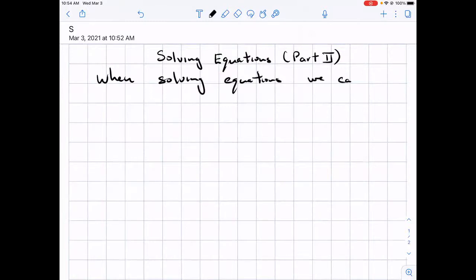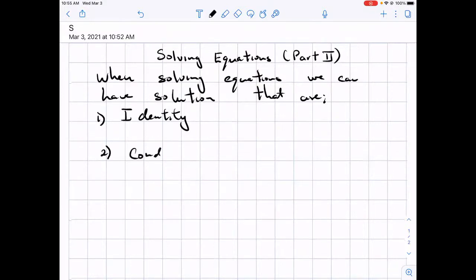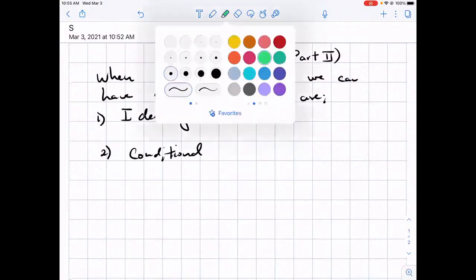we can have solutions that are one, identity, or we can have conditional, which is the one that you are more familiar with.